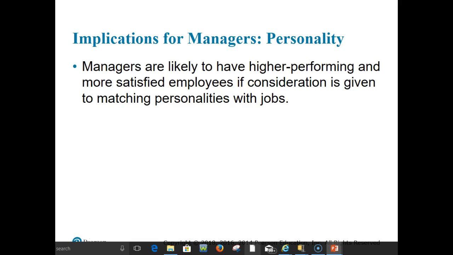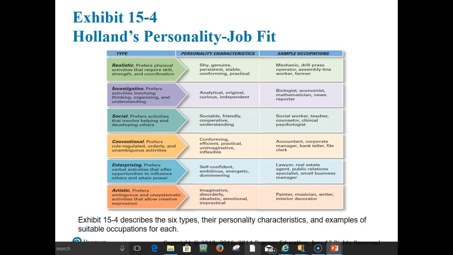So managers are likely to have higher performing and more satisfied employees if consideration is given to matching the personalities with the job. Now, Exhibit 15-4 here describes the 6 types or personality characteristics and the examples of suitable occupations for each.